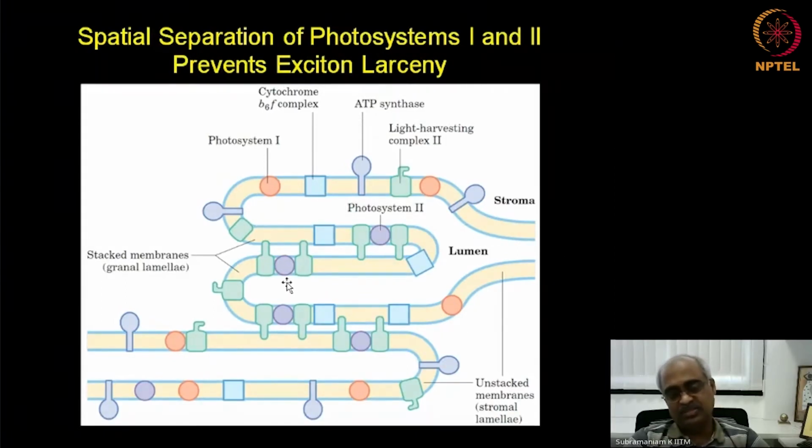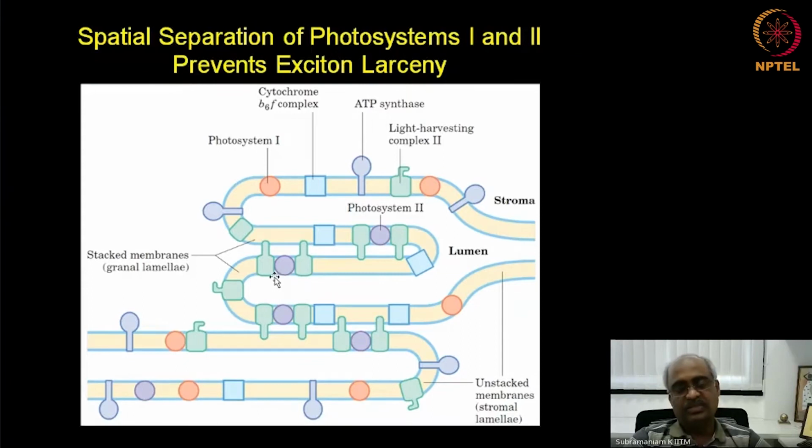So this regulation is required because photosystem 1 actually gets excited at wavelength 700, requiring less energy than that required by photosystem 2, which is 680.